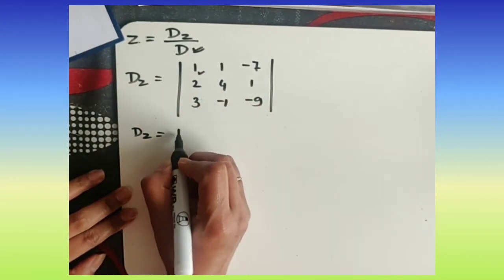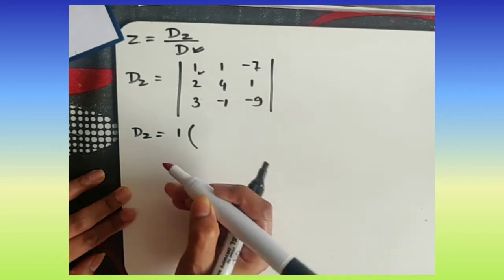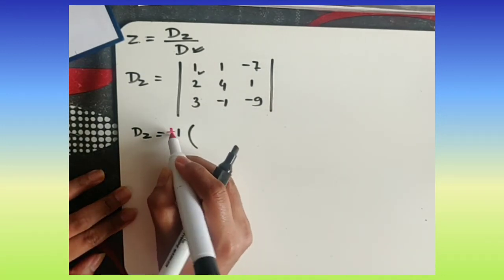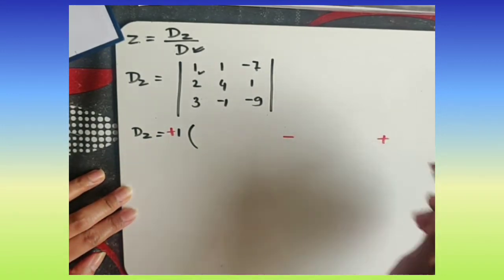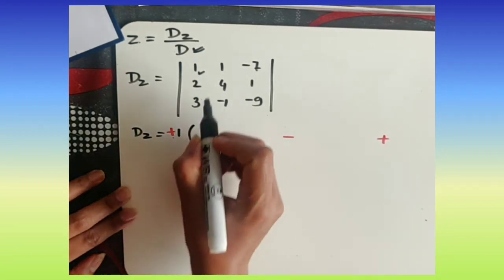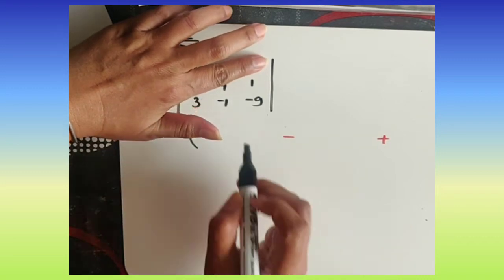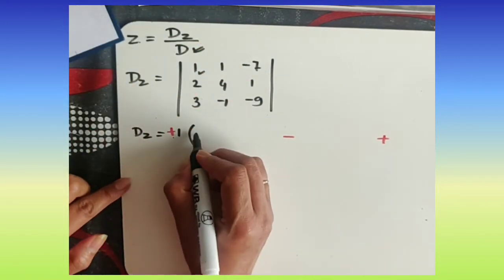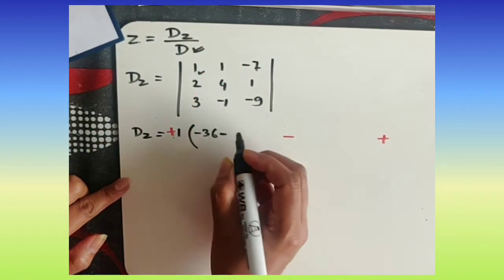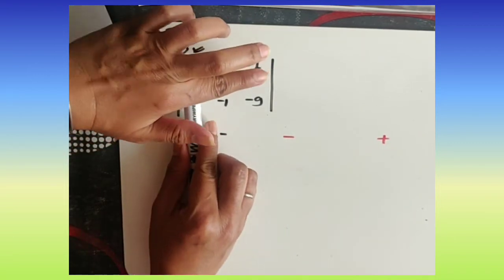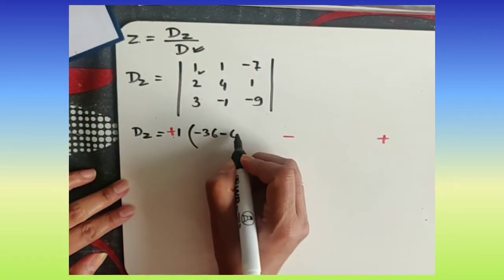Write down 1 here, 1, and the rule says we will start by plus and then minus and then here plus. So plus 1, cover the first column and first row, and then 4 multiplied by minus 9 is minus 36 and minus, and then 1 multiplied by minus 1 will give us minus 1.